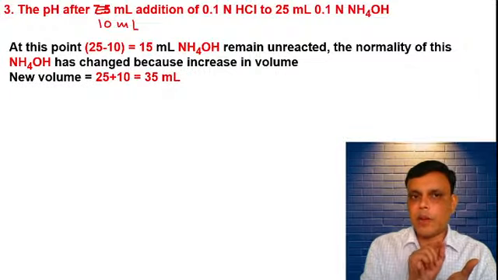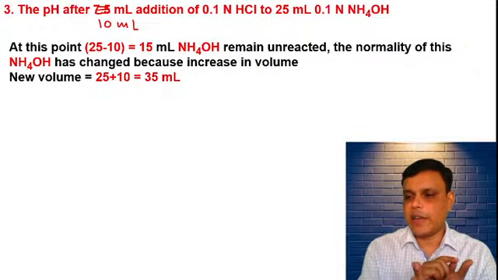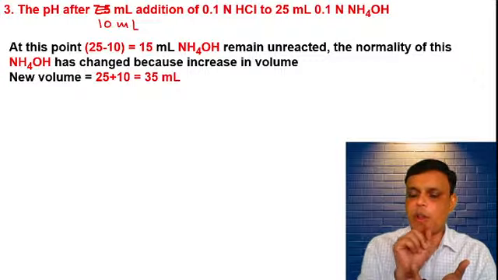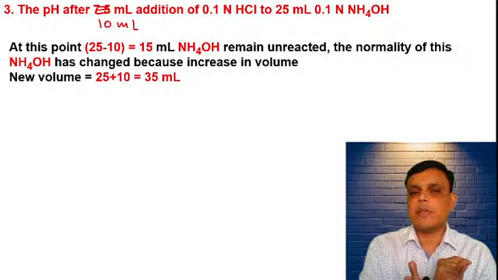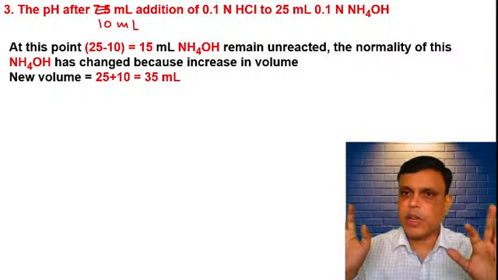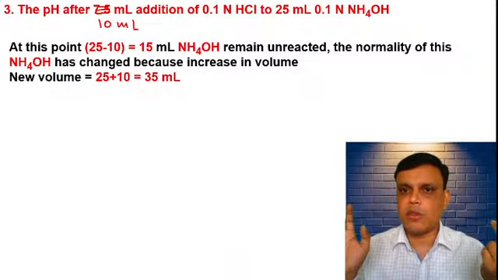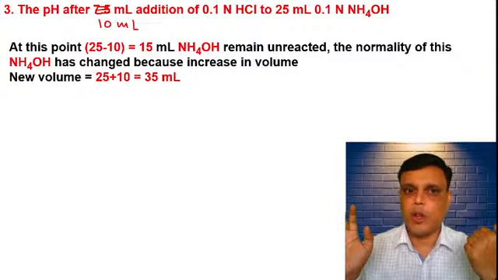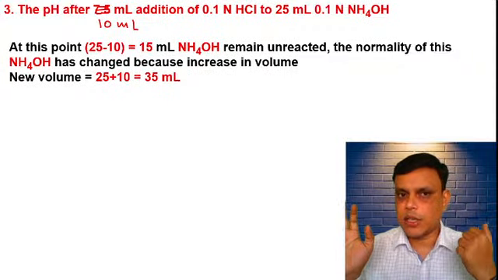Out of the 25 ml of base, 10 ml of acid will react. So how much will remain unreacted? That is 25 minus 10, that is 15 ml of NaOH will remain unreacted. And its normality also will change because the volume increases, the total new volume will become 25 plus 10, that is 35 ml.